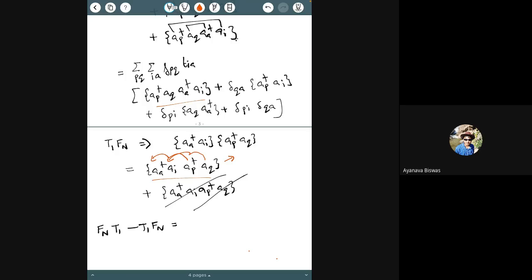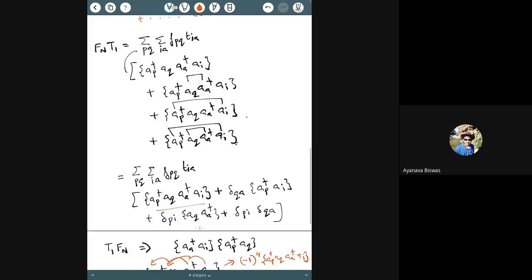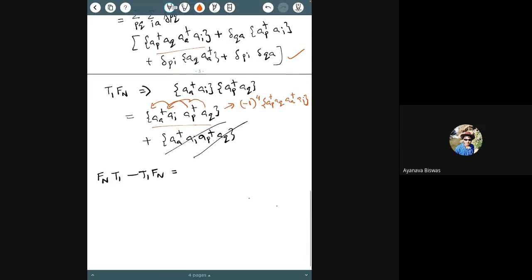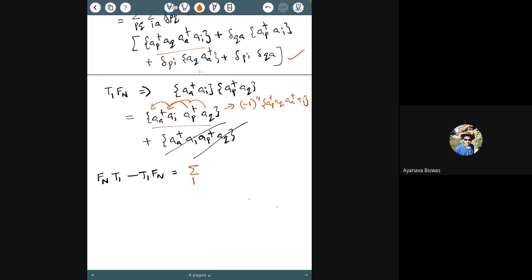So that's four interchanges, minus 1 to the power 4, of a_P dagger a_Q a_A dagger a_I. So they're basically the same string. So when I take a difference, the uncontracted string will cancel, and I will only be left with the contracted terms from the first expression here. So that is sum over PQ, sum over IA, f_PQ, t_IA.